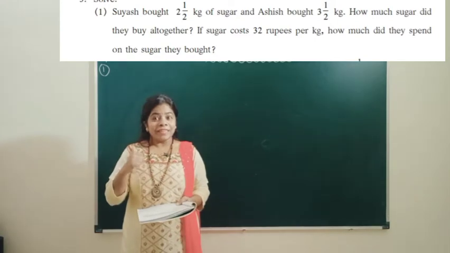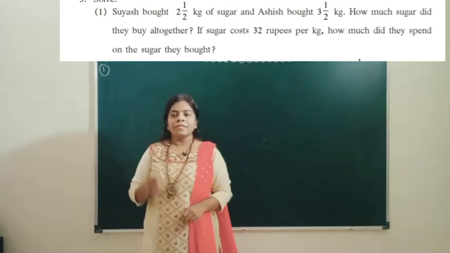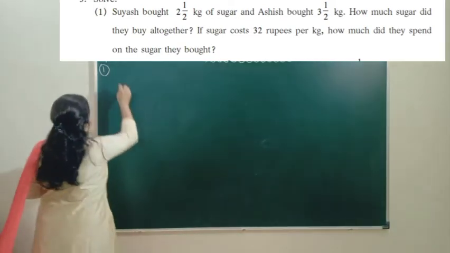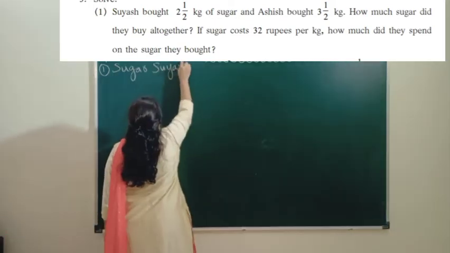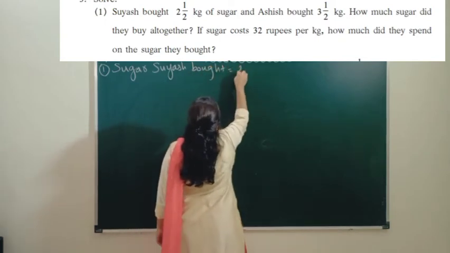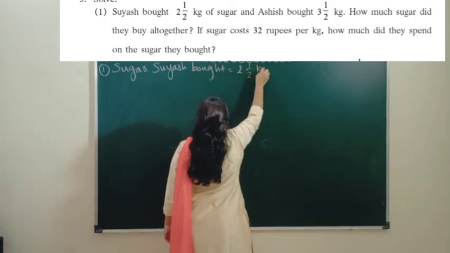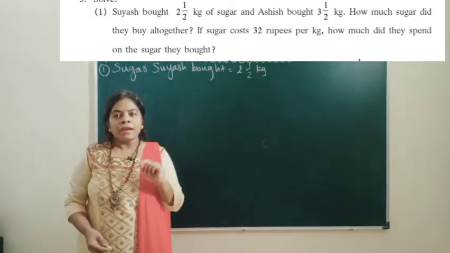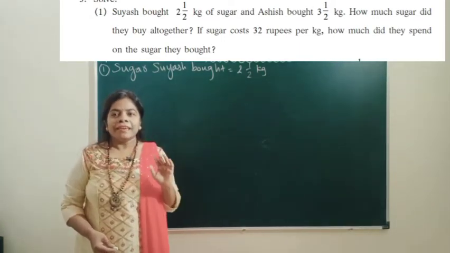So let's start with our sum. We will write our first statement. Sugar Suyash bought two and a half kg. Next statement, sugar Ashish bought, which will be 3.5 kg.